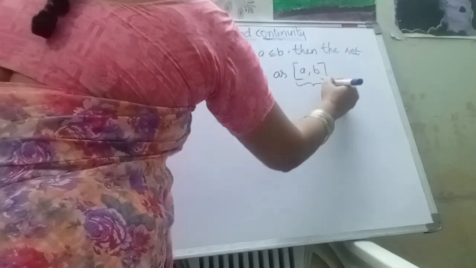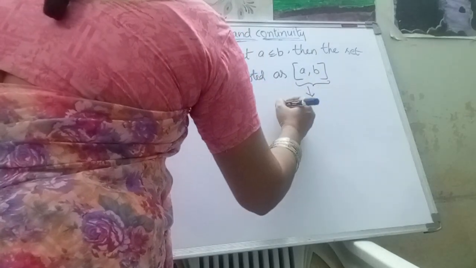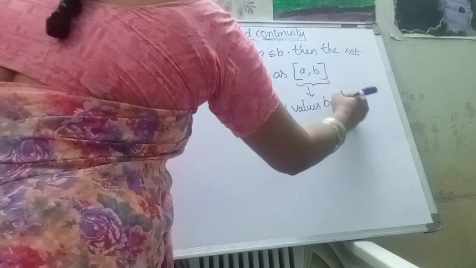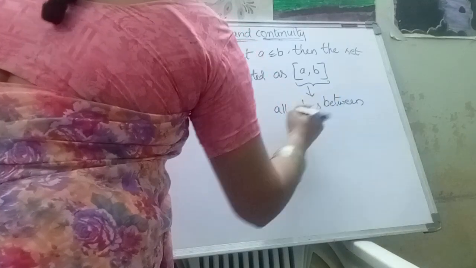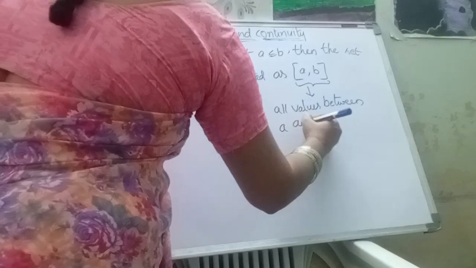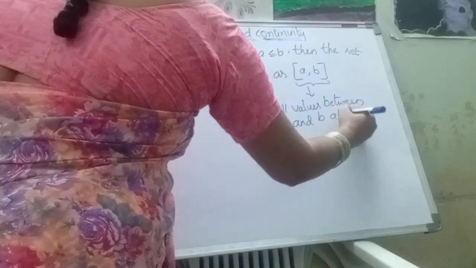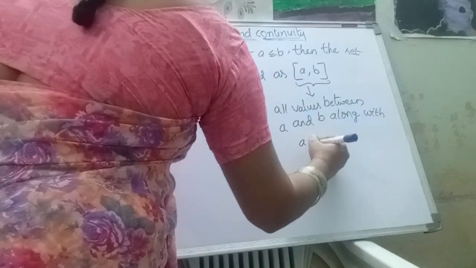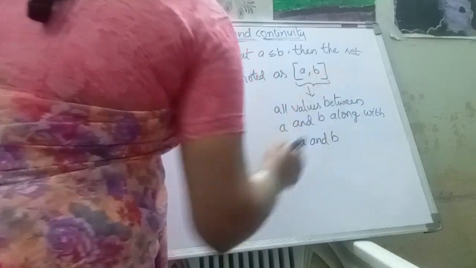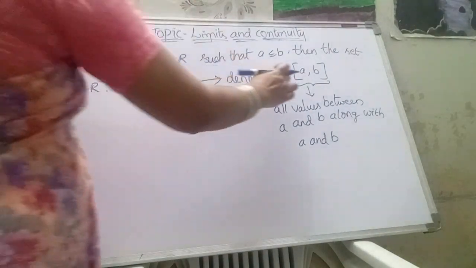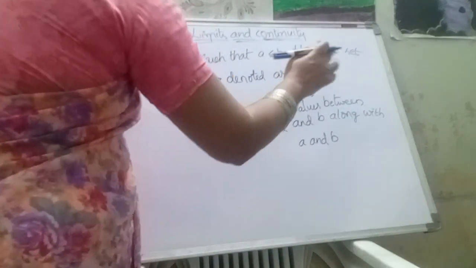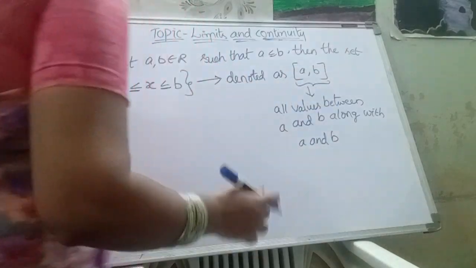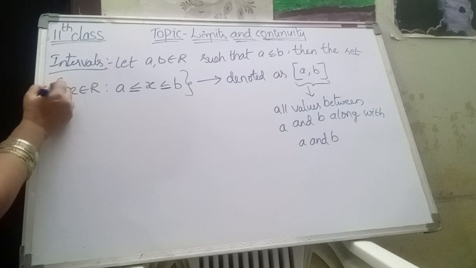Square brackets show that all values between a and b, along with a and b, are included. Understood? Here, if you use the square brackets, along with a and b you can take even the values between a and b also. This is the first one.